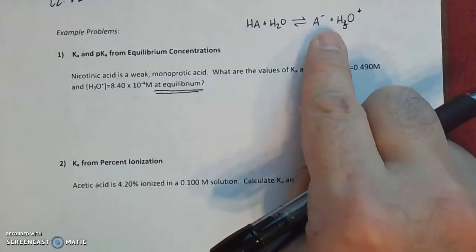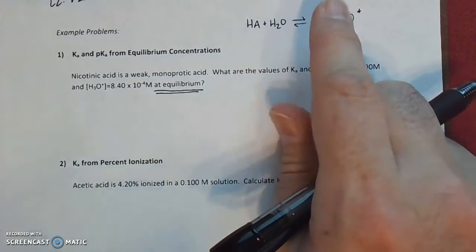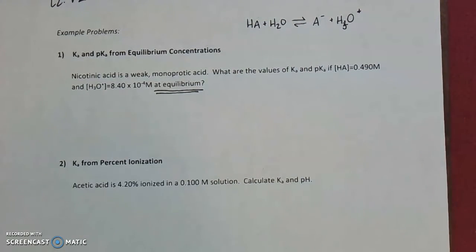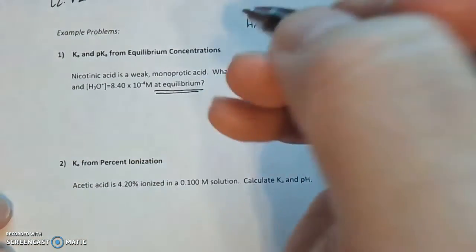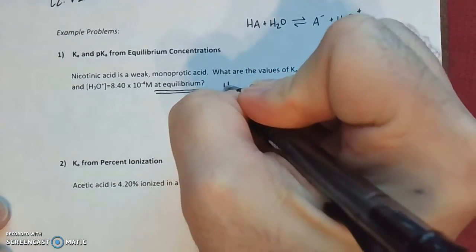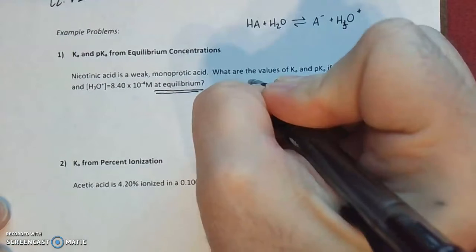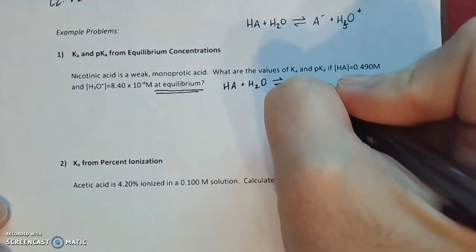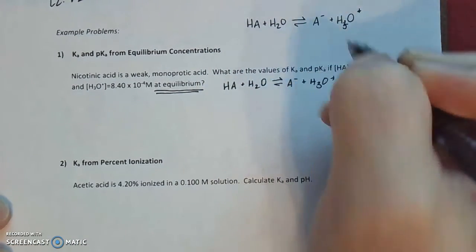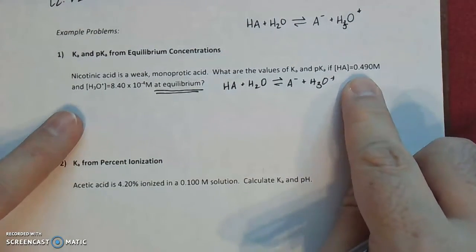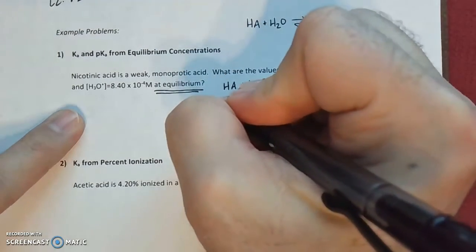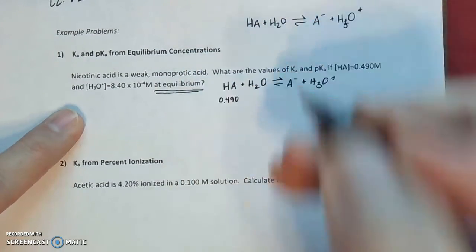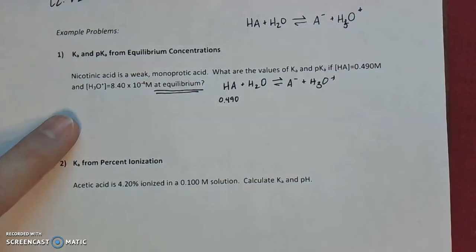It really doesn't matter what that is, because A minus really doesn't matter all that much. So if we are already at equilibrium and we have our general equation here, we know at equilibrium this is how much we still have left over, 0.490.